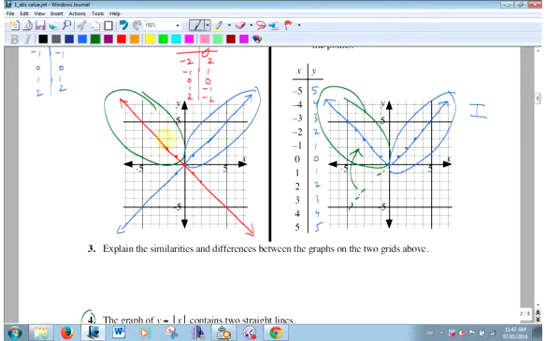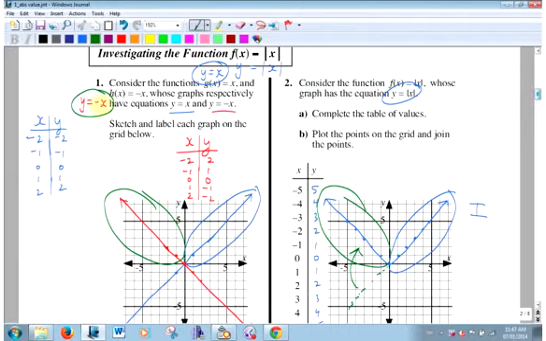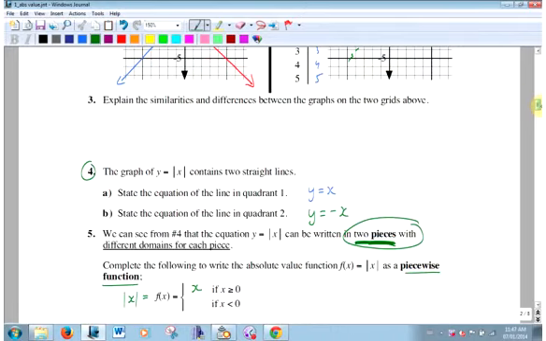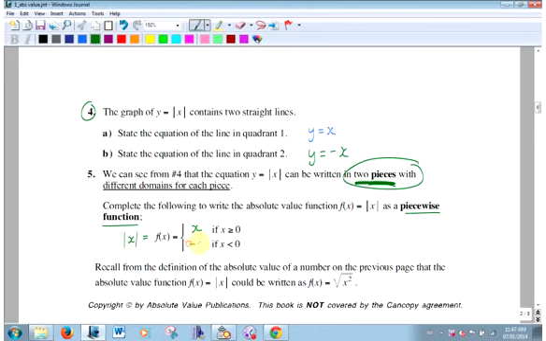It has to be this thing, which again was negative x. Okay? I hate scrolling up and down, but that's how we write this function as a piecewise function. We have two separate lines there, right? One line looks like that, the other one looks like this. Okay? That's how we can graph that without the absolute value part.